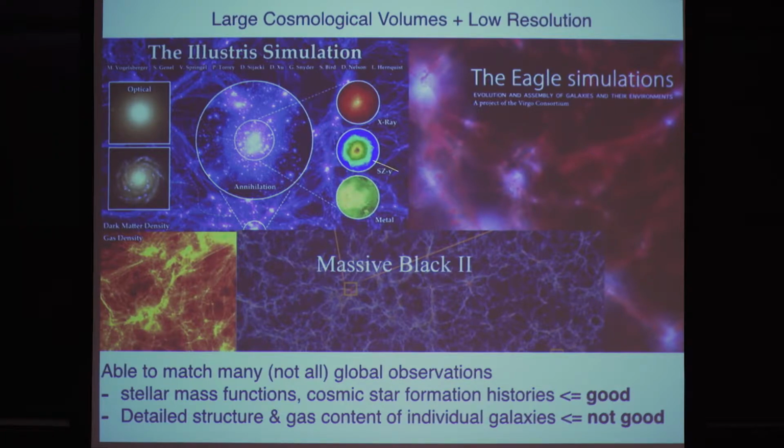Here are some examples of large cosmological volumes with full hydrodynamics that you may have heard of. The Illustris simulation is one example. The Eagle simulation, and here's one called Massive Black.